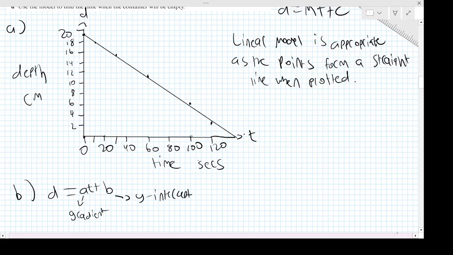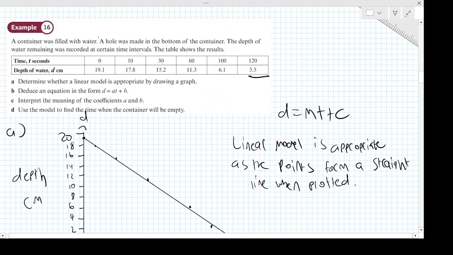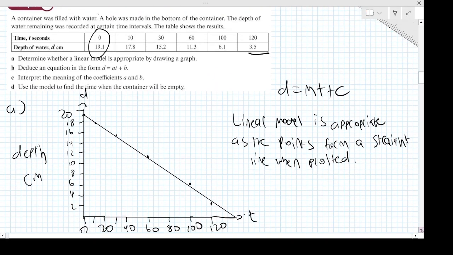What's the gradient then? A, well, that's changing y over changing x of 2 points. So we can take any 2 points on the line. Let's take these two, okay? But we don't actually have to read off the graph because we got the points up here in this nice table. Let's take any 2 points on the table then. So firstly, this is the point 0, 19.1.